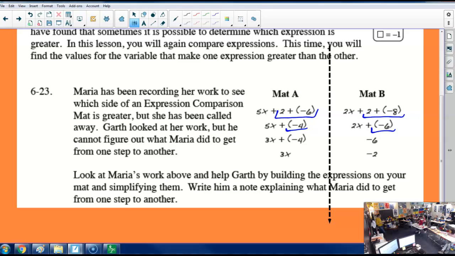Nope. Then Callie, how do we go from step 2 to step 3? Lily? She does something to both.